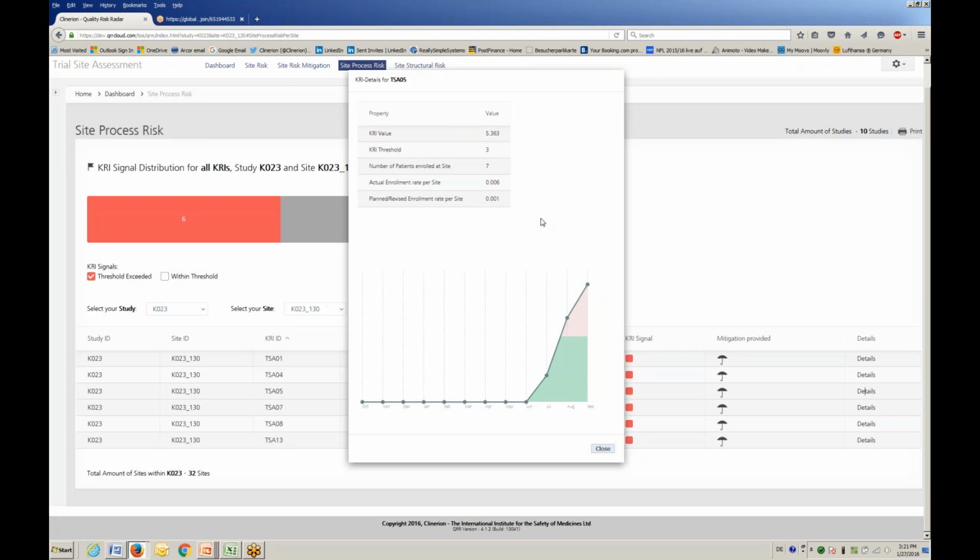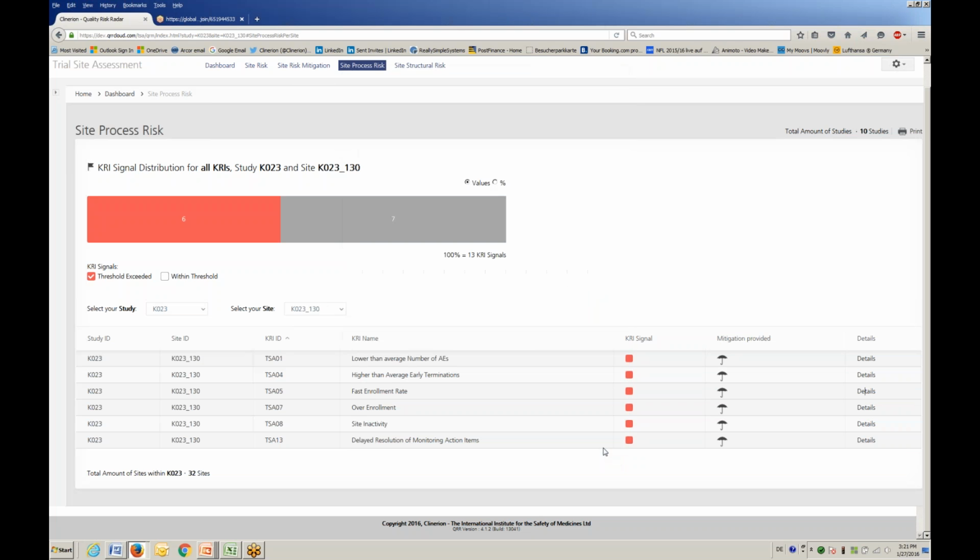So here you get both the details as necessary, as well as a trend report showing you to what extent and how well the latest mitigations have been effective or not, and that's what I'd like to say here about the details.